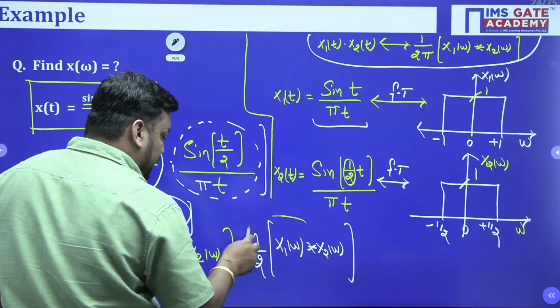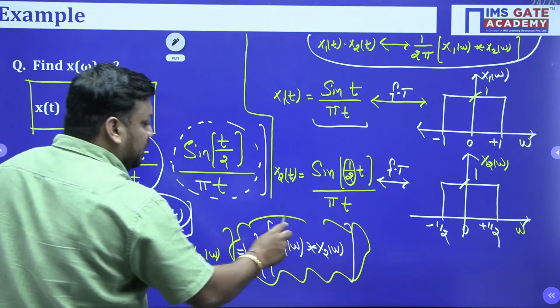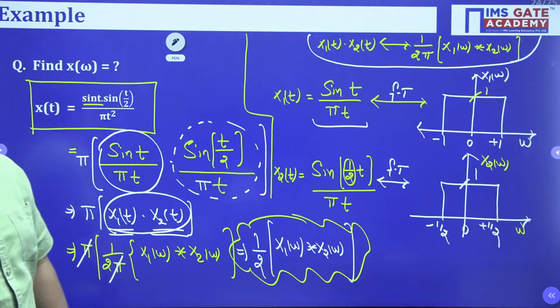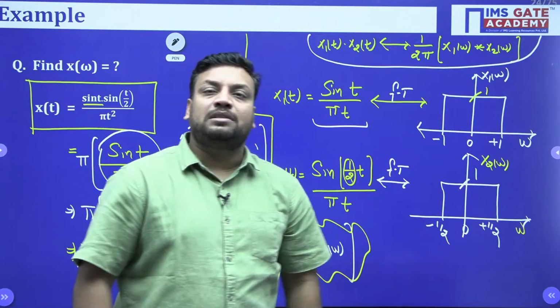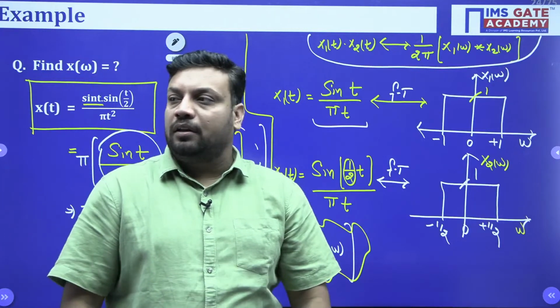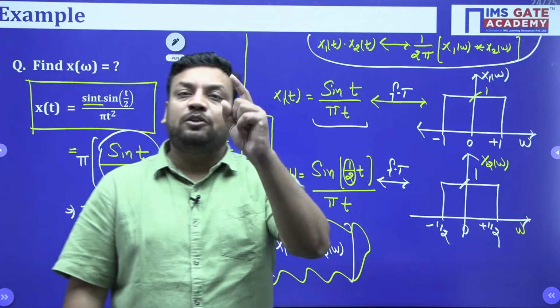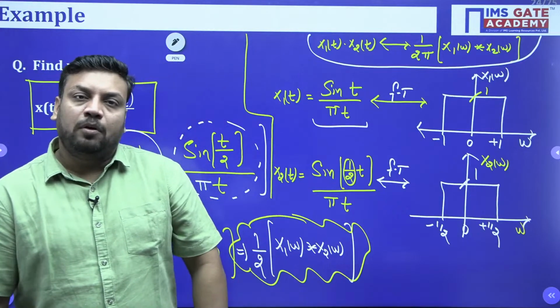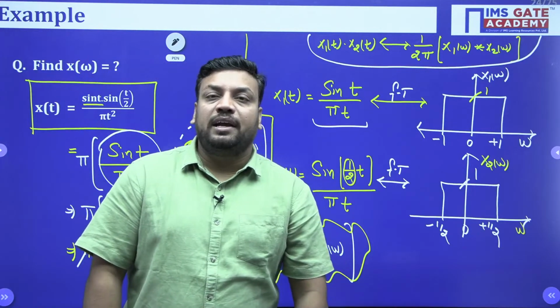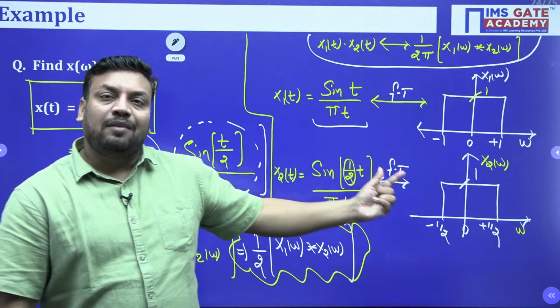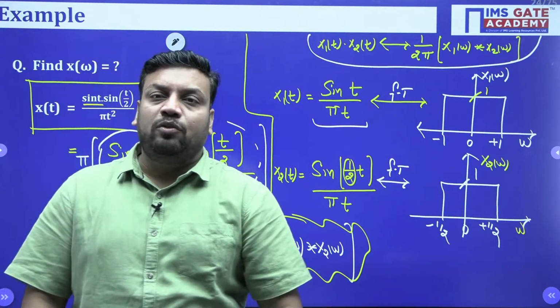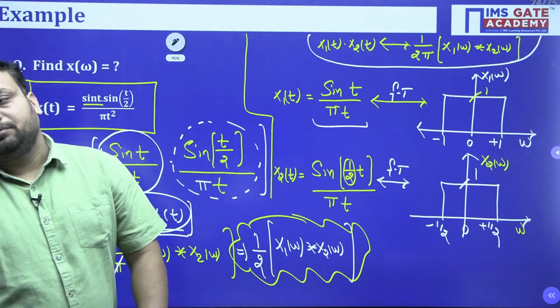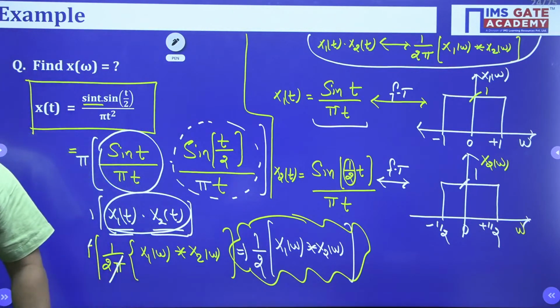If you have been attending classes continuously, I hope you remember the convolution concept. The convolution of two rectangular pulses having different durations will always create a trapezoidal signal. The convolution of two rectangular pulses having the same duration will give you a triangular pulse. Right?